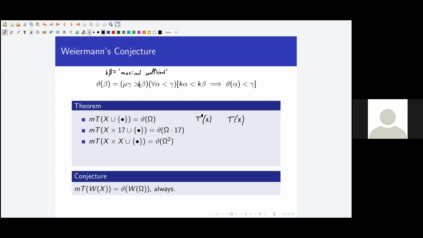But anyway, you get a lot of nice values of this function. And the conjecture of Andreas is that this always works.